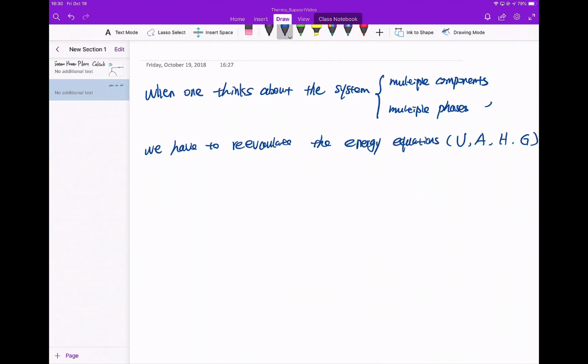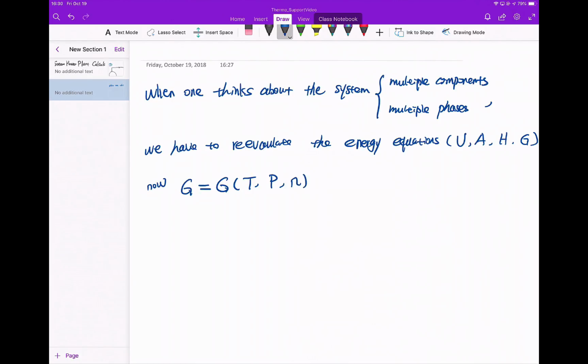So for example, for the Gibbs energy, G, the Gibbs energy of the whole system is a function of both the temperature, pressure, and the composition, right?